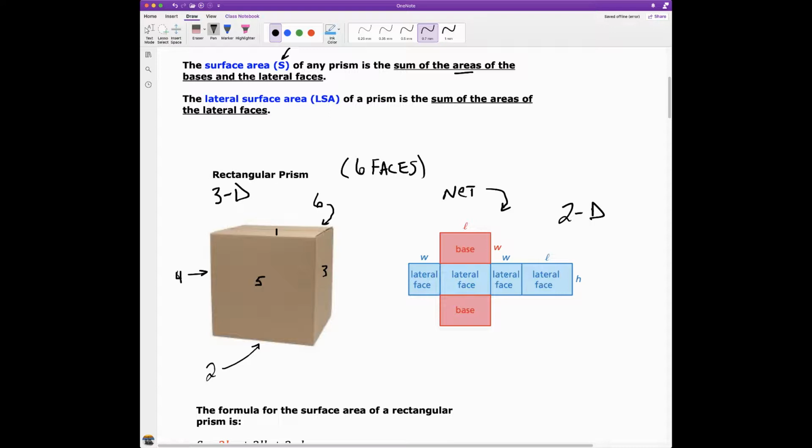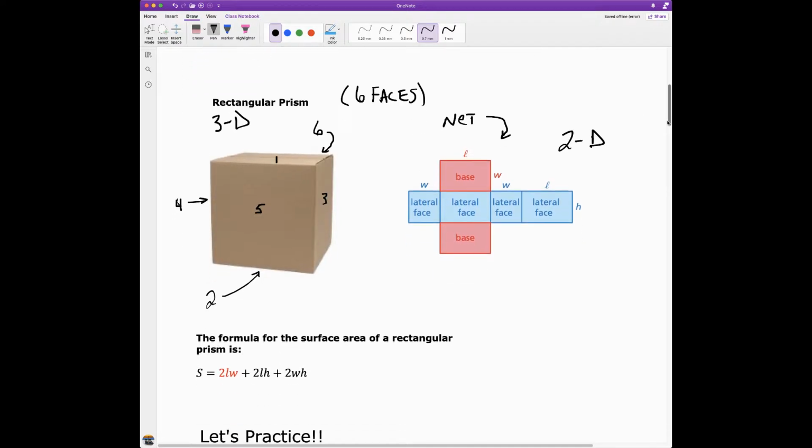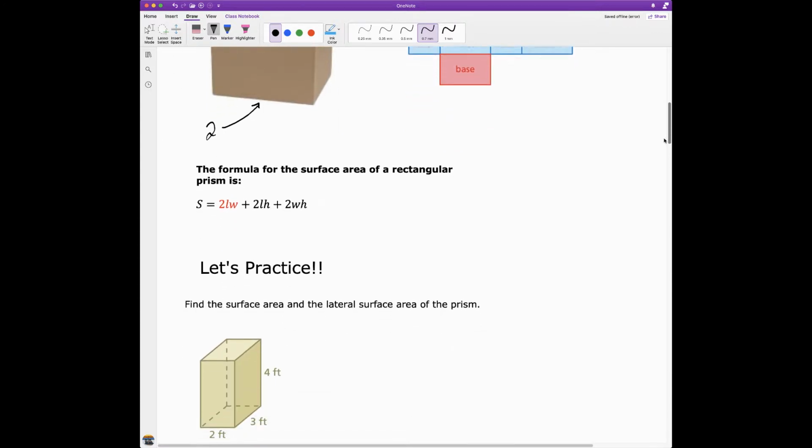And all you had to do last year was find the area of all 6 of these faces and then add them together. We're going to do the same thing, only this year for rectangular prisms, there's a formula that you can use. And basically, it is right here.